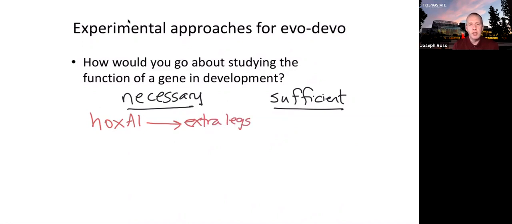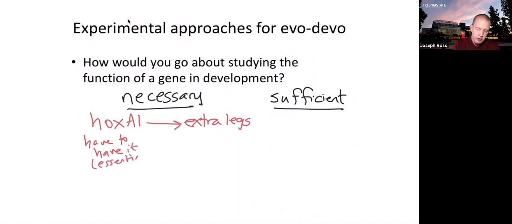If that protein is necessary to produce extra legs, how would we prove that? When we mean necessary, we're talking about it's essential. You have to have it to get extra legs.